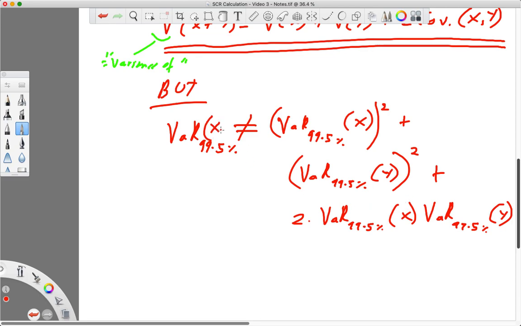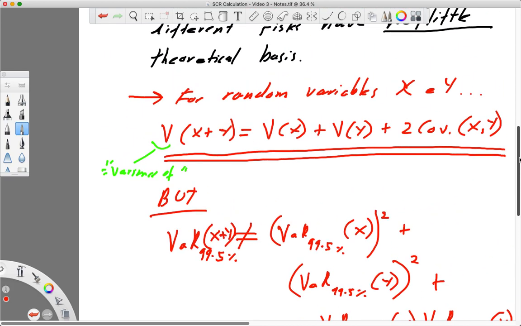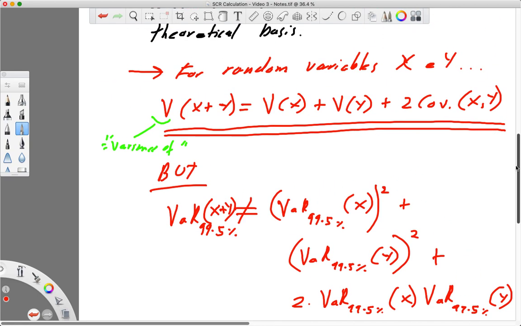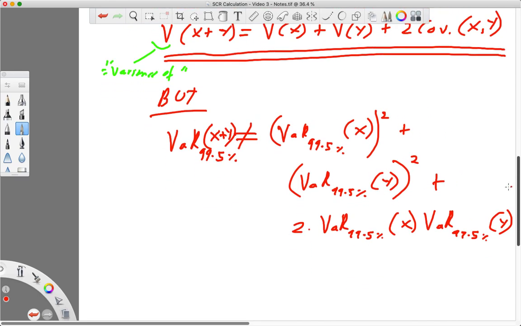Sorry, this should have an x plus y in there. Let's put the square root in.